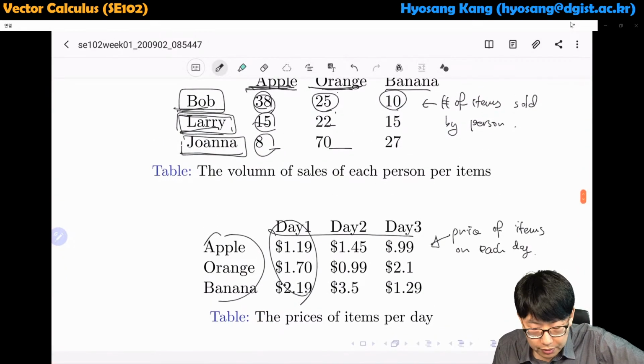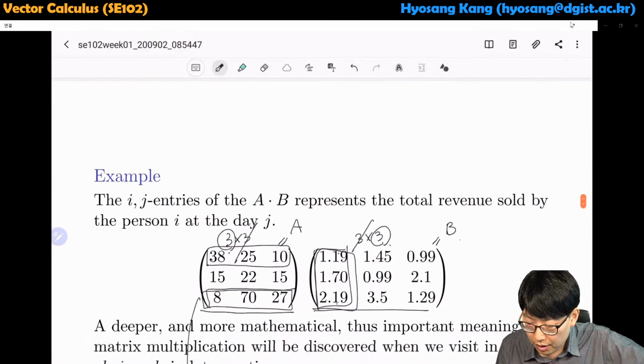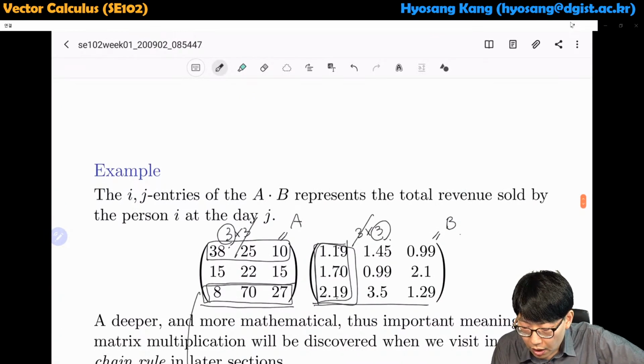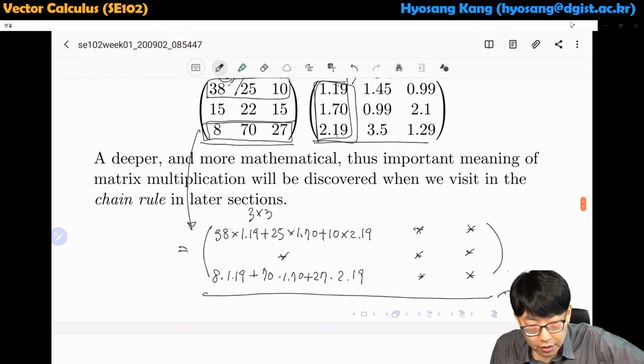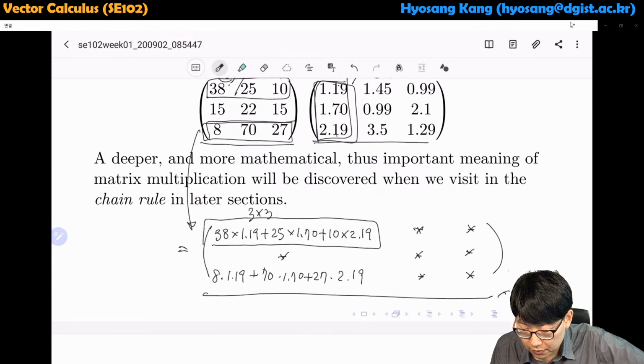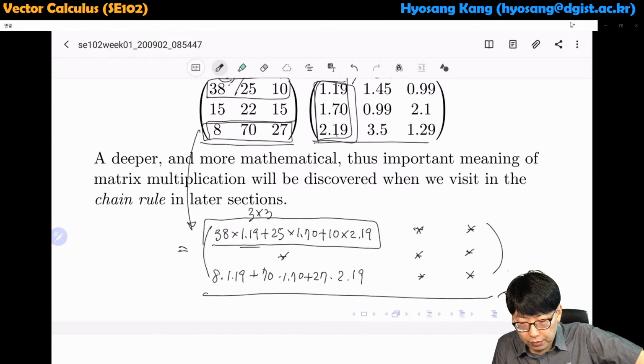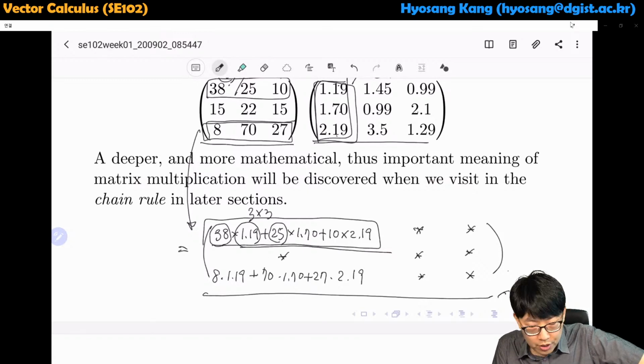Anyway, so we have two tables, and these two tables are represented by two matrices. So when I multiply these two matrices, I get another matrix here. So what does it mean? What do I get when I take these values? This means that 38 apples are sold at $1.19, and 25 oranges are sold at $1.70, and 10 bananas are sold at $2.19.